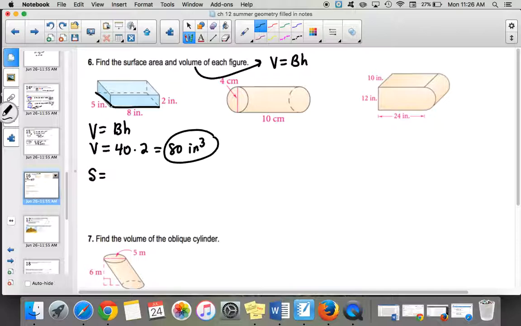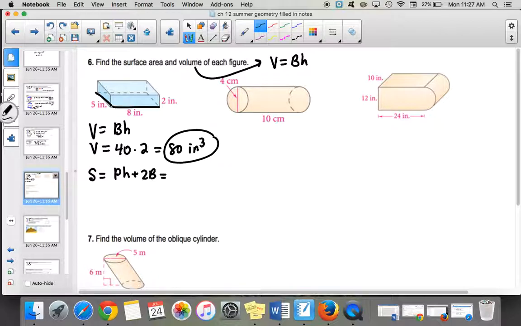Now the surface area is going to be 2 of our bases added to our perimeter times our height. So let's do perimeter times height plus 2B, or you could do front, back, right, left, top, bottom if you want to.